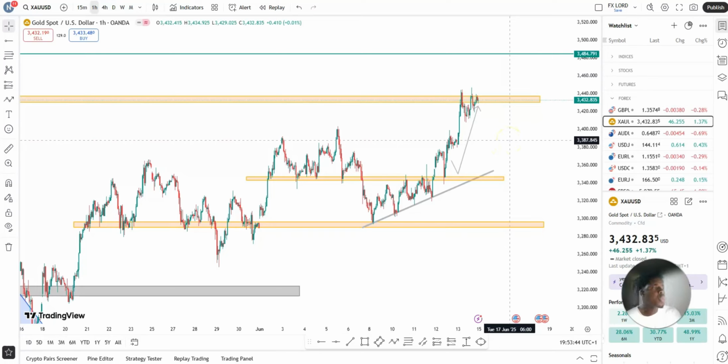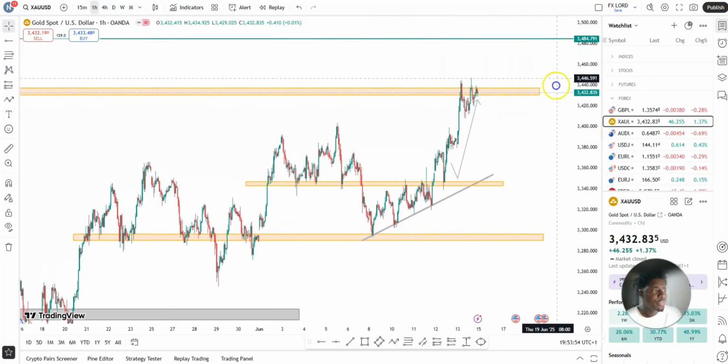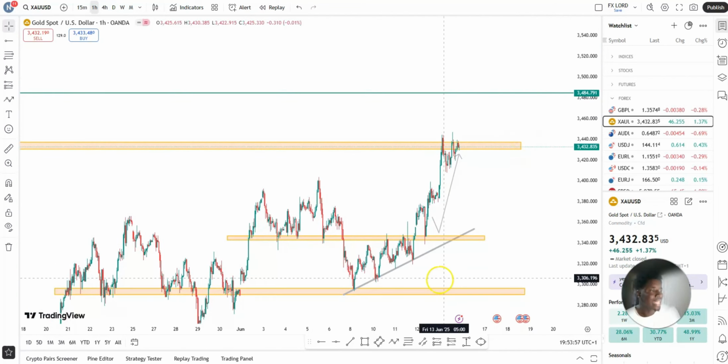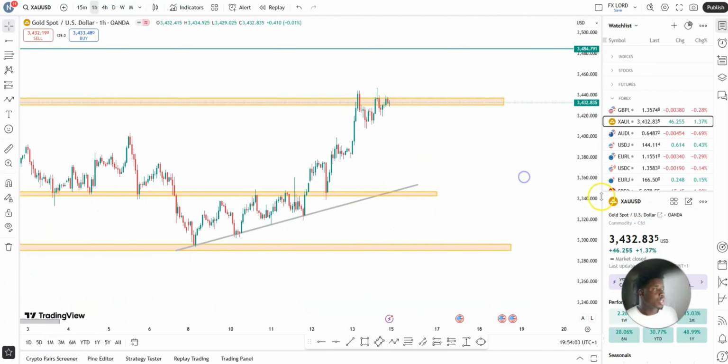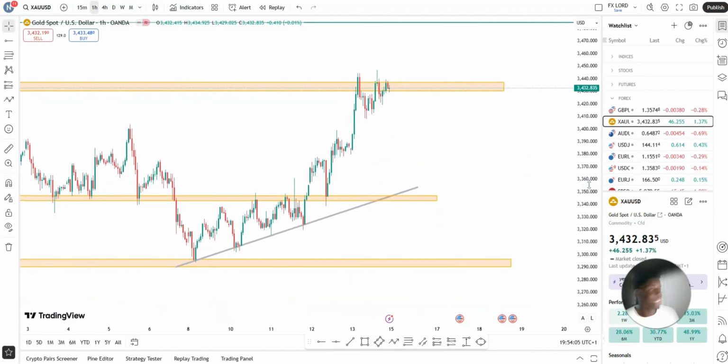So now what are we looking for in the market right now? I'll be looking out for a bullish scenario, but before that, I think the market might want to retrace a little bit before it continues. You know, the market does not just move in a trend on a straight line.